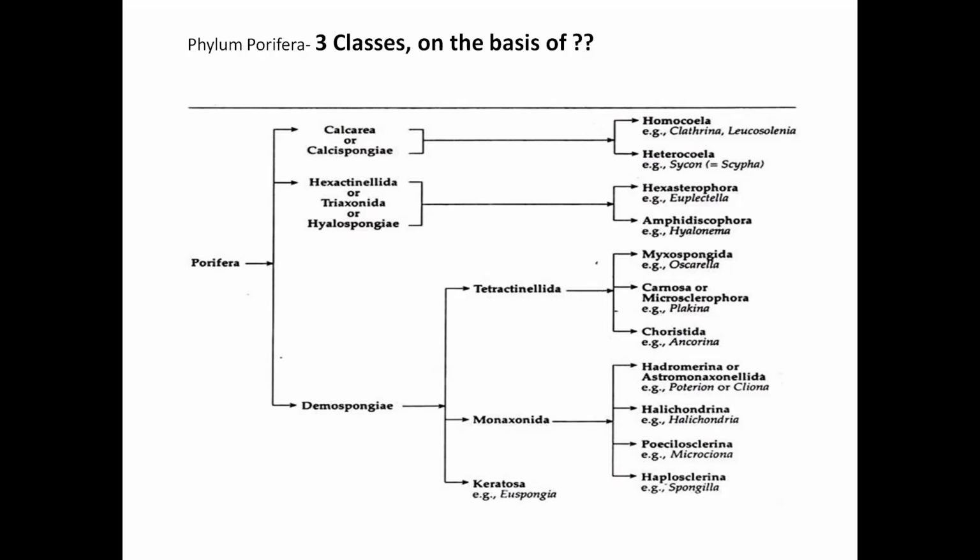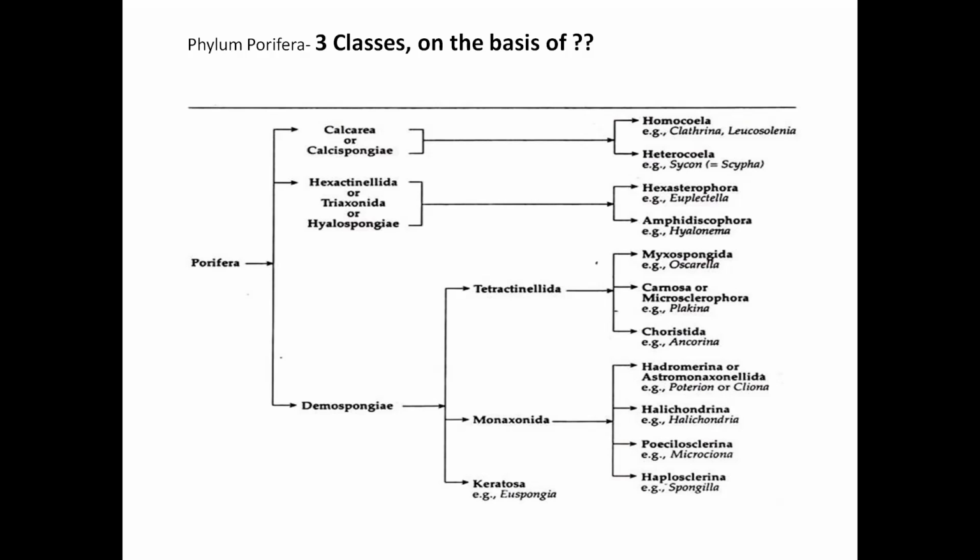So phylum Porifera is divisible into three classes on the basis of skeleton, and the skeleton in sponges is mainly internal, made up of spicules which can be calcareous or siliceous, and some fibers are also present which are called spongin fibers.